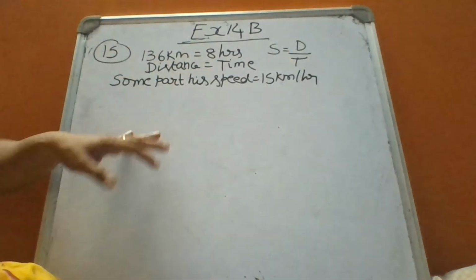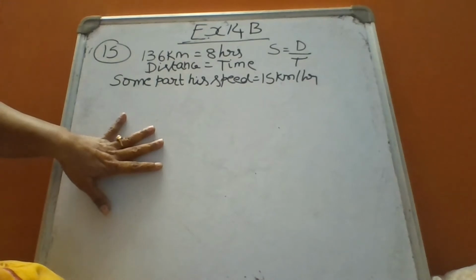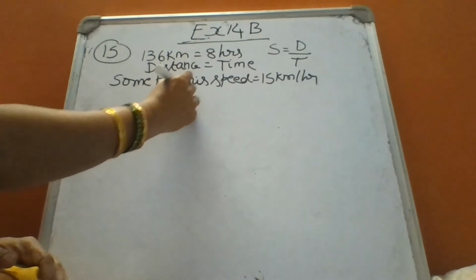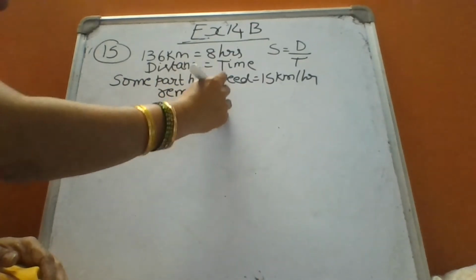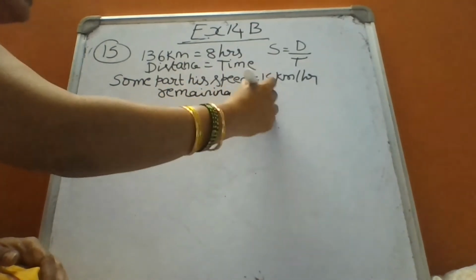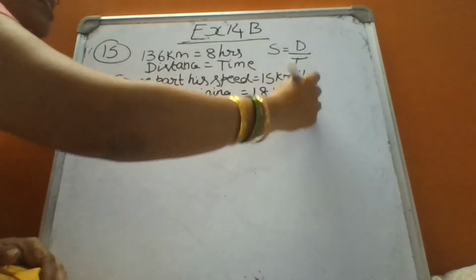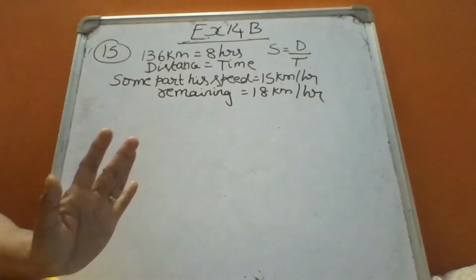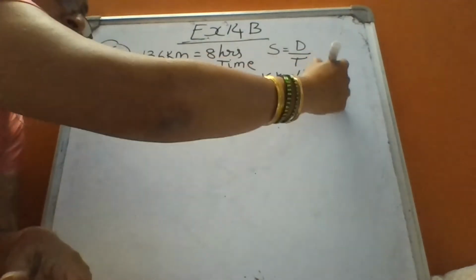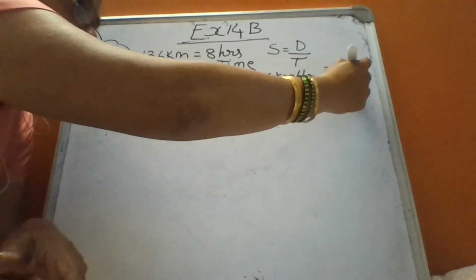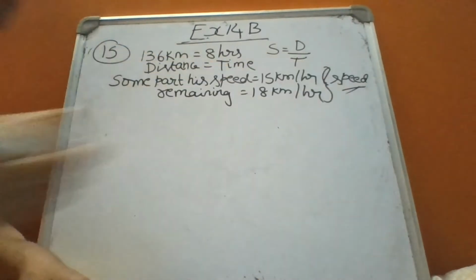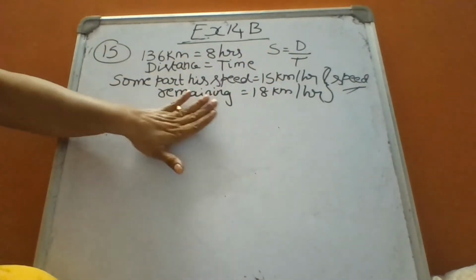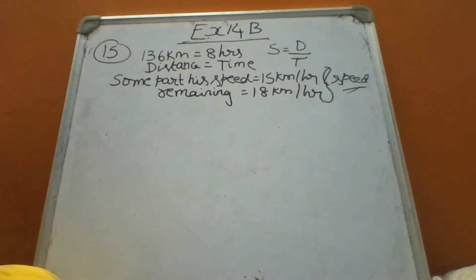That was the speed for some part of the distance, and the remaining part of the distance he has covered with 18 kilometer per hour. So, some part he covered with 15 kilometer per hour, this is his speed, and some part is covered with 18 kilometer per hour speed.